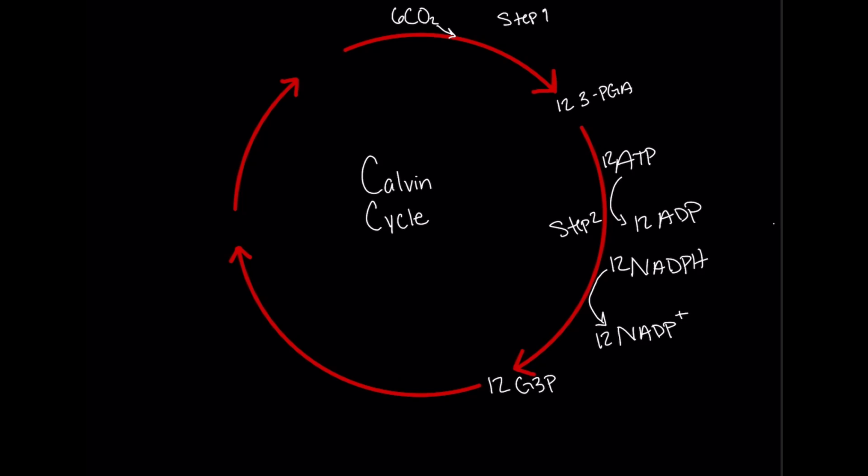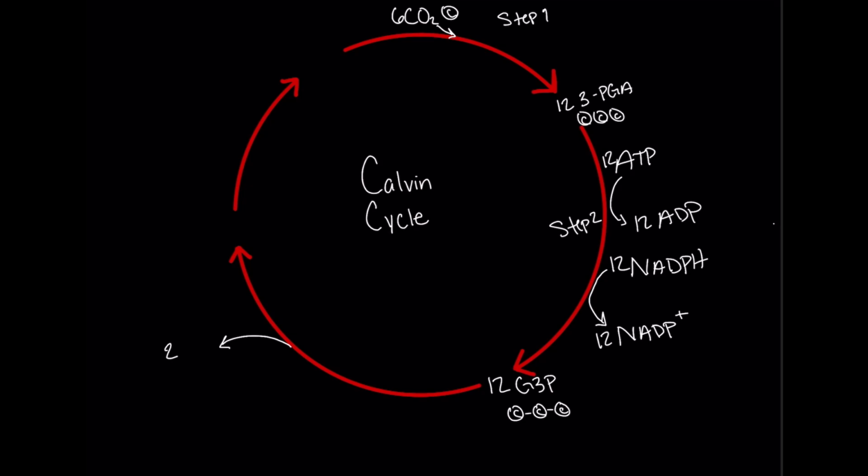Let's also draw how many carbons are being added here. So here's one carbon, and here we have 3 carbon together. There are still 3 carbon molecules here. All right, so now in the third step, we're going to have 2 molecules of G3P branch off or break off from the Calvin cycle.